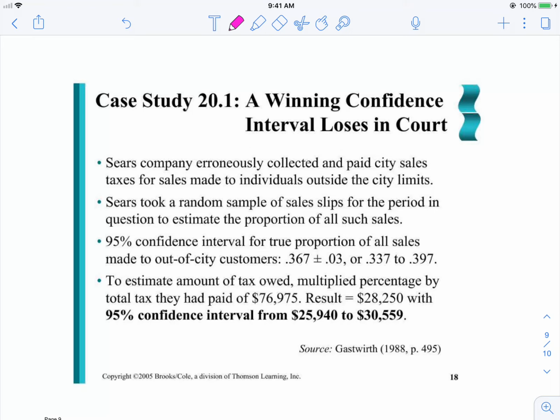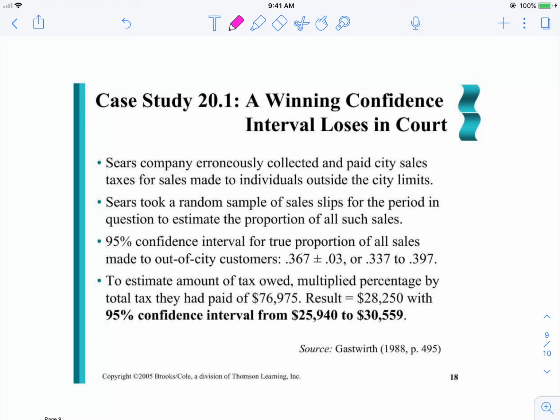So it's something kind of similar going on with Sears, and Sears took a random sample of the sales slips for the period in question to estimate the proportion of all such sales that they owed money in back taxes to.